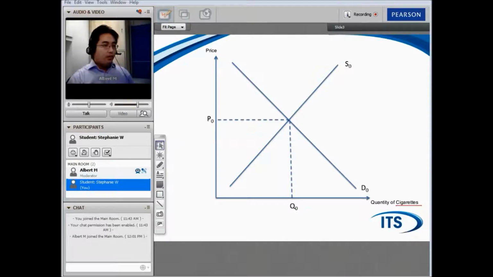And as a result of affecting the producer's costs, it will be represented by moving the supply curve S0. The increase in cost can be illustrated by an upward shift of the supply curve to S1. The shift that I've chosen is a parallel shift, which implies that we're using a per unit tax as opposed to an ad valorem tax.